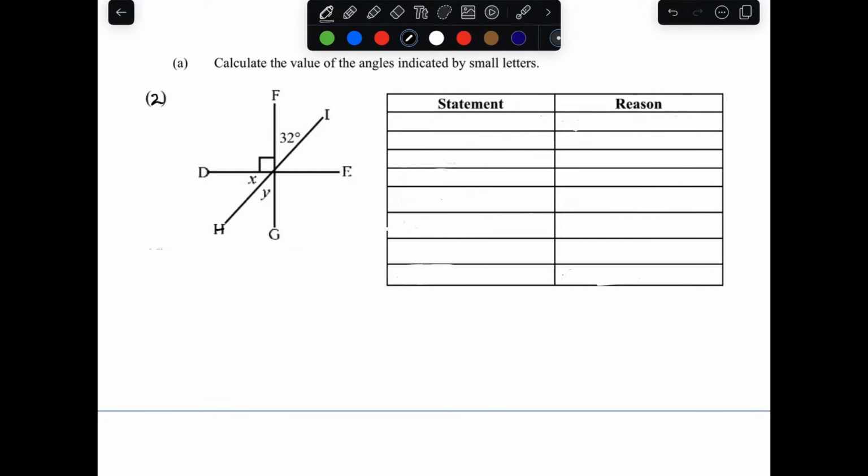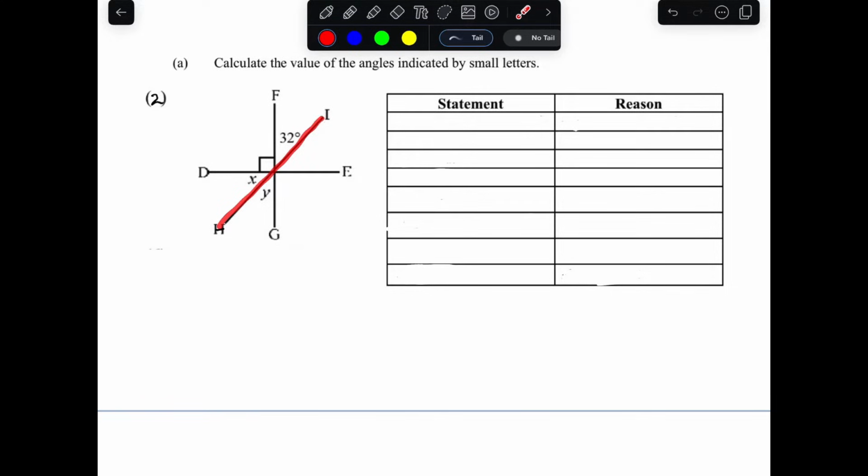So using the complementary and the supplementary, which is the angle in a straight line, this is how we're going to do this. So finding x here, we can use this straight line, which is the supplementary in this case.